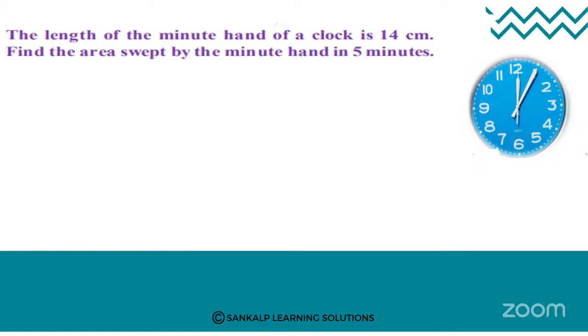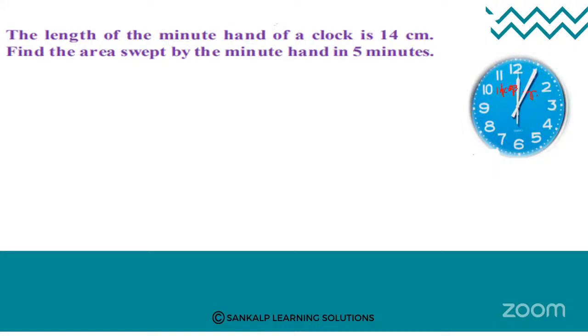In a clock there are two hands, one is the minute hand and one is the hour hand. This minute hand and hour hand are radii here. So the length of the radius they have given is 14 centimeter. Next, find the area swept by the minute hand in 5 minutes.